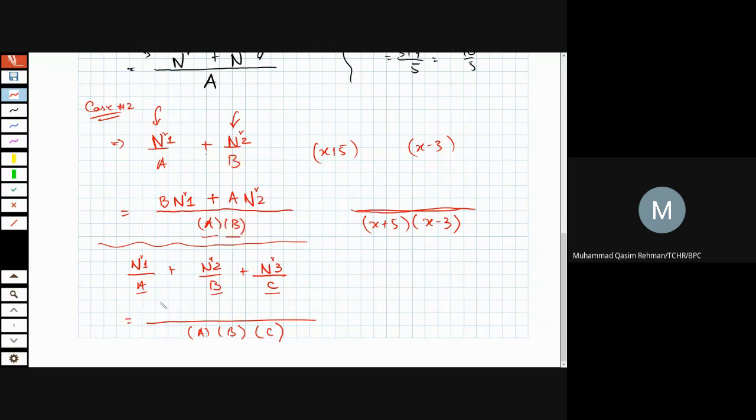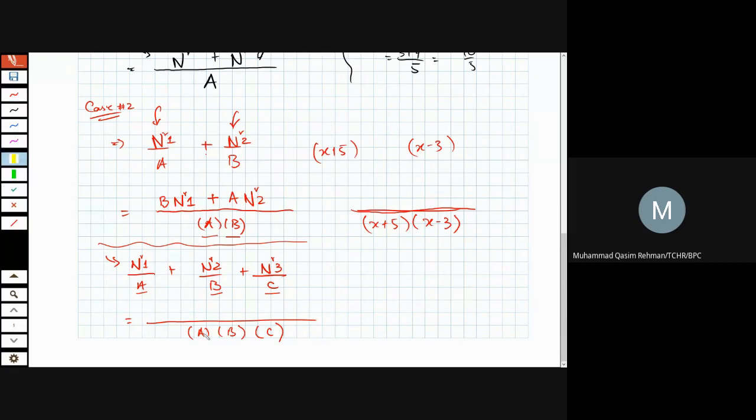I would like you to tell me what will be the first term. Sir, it will be a multiplied by numerator 2 and numerator 3. No, I'm dealing with the first fraction, which is numerator 1. Numerator 1 multiplied by b multiplied by c. Excellent.